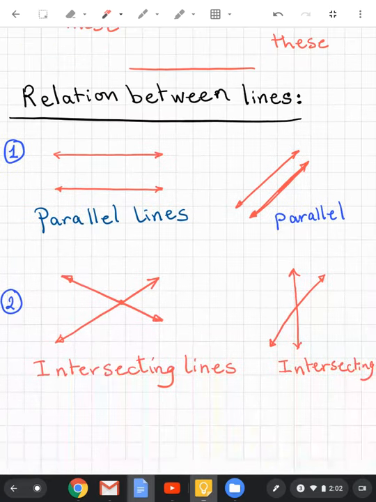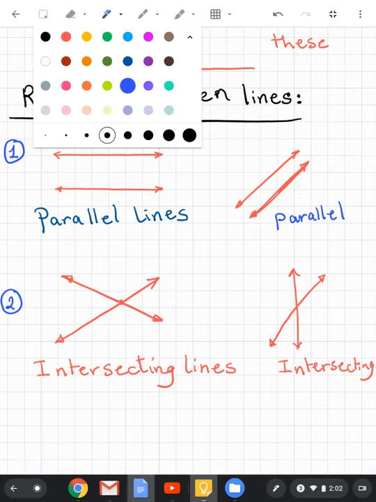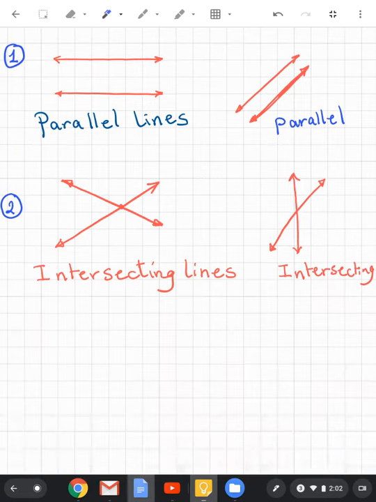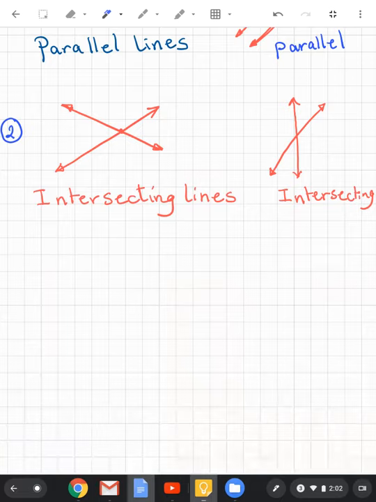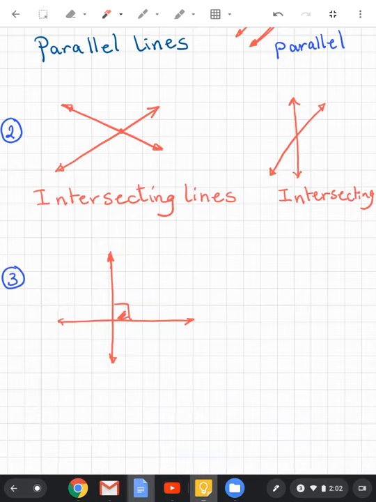The third relation we have here: if we have two lines like this, they cut each other, but they form a square corner.